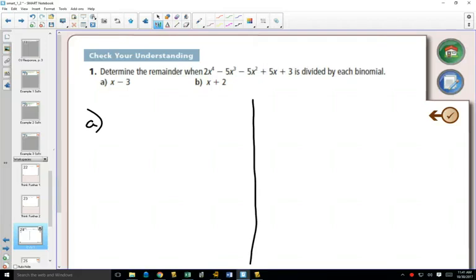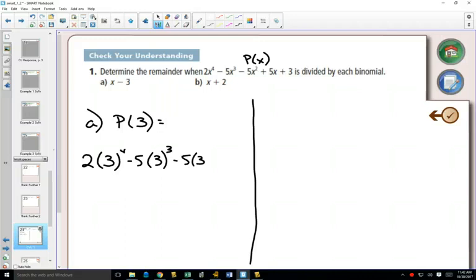Using your remainder theorem, if I call this equation P of x, my remainder is going to equal P of 3. And P of 3 would be plugging in a 3 everywhere there's an x. So that would equal 2 times 3 to the 4 minus 5 times 3 cubed minus 5 times 3 squared plus 5 times 3 plus 3.